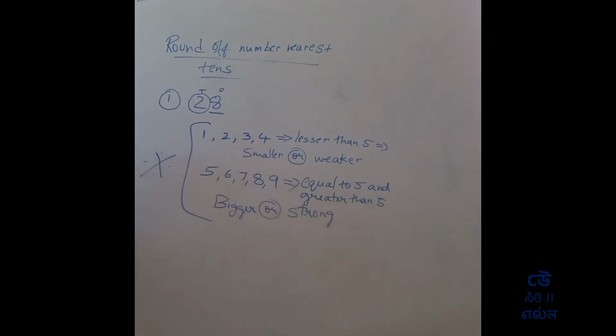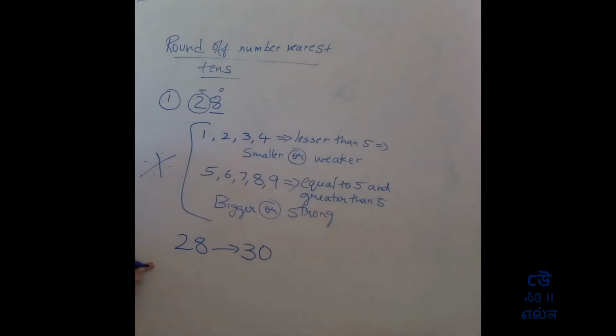If you add 1, what will be the answer? 2 plus 1 is 3. So the answer will be 3. Then the ones place value will always be 0.